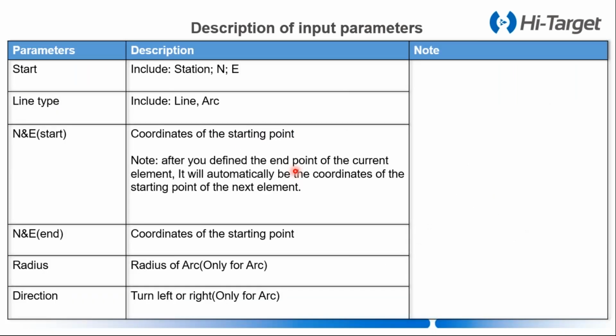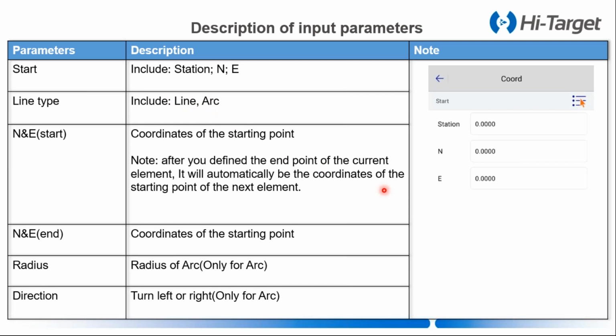Then let's see the parameters we need to input. In this table, the coordinate method is a little easier because we only need to input the coordinate of the endpoint. First, we need to input the starting point, the station and the coordinate of the starting point. After that, we choose the different line types. Now HiSurvey only supports the straight line and the circular curve, only two types.